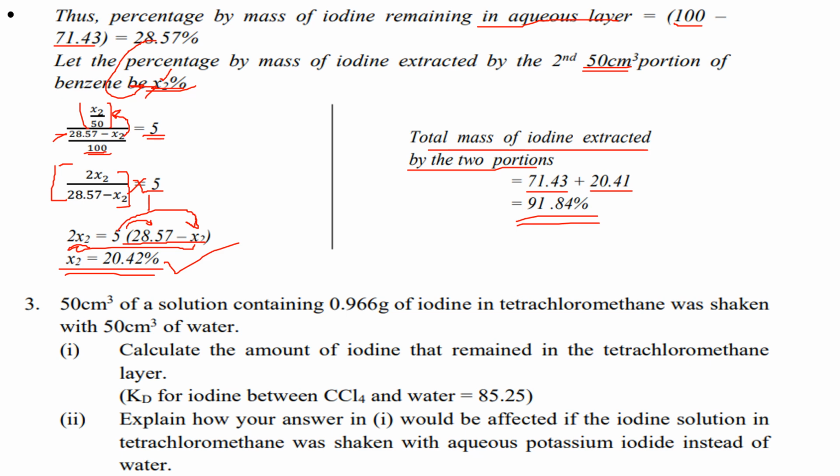Now number 3, you are advised to first pause the video and try it out on your own. So number 3 is saying 50 centimeters cubed of a solution contains 0.966 grams of iodine that are dissolved in tetrachloromethane, was shaken with 50 centimeters cubed of water.